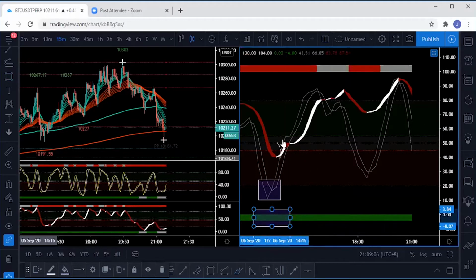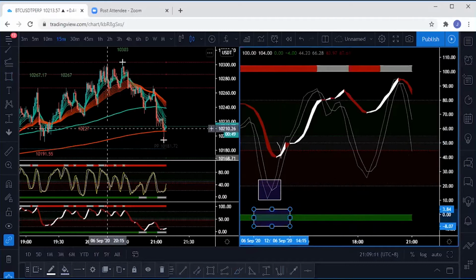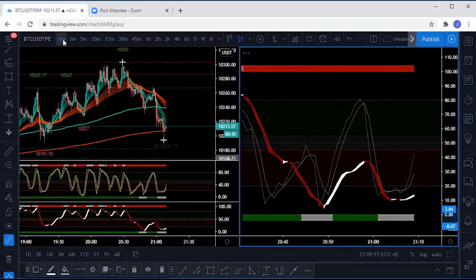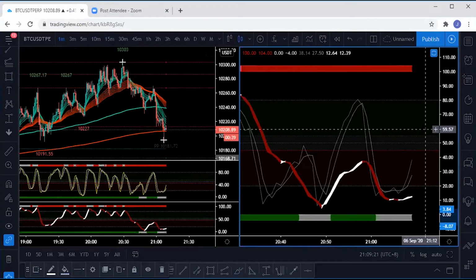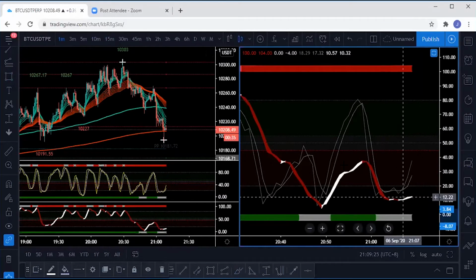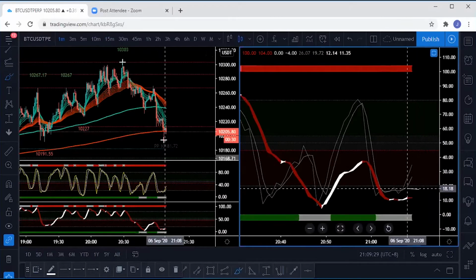Those criteria we are going to spot in our 1 minute time frame, because this is where we are going to enter and exit the market. In our 15 minutes, what we are looking at is the color of our shadow.